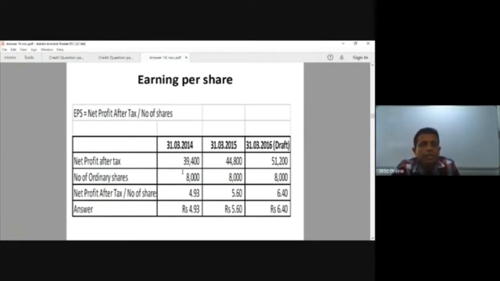How do you calculate it? Net profit after tax divided by the number of shares. Now, go straight to the income statement.